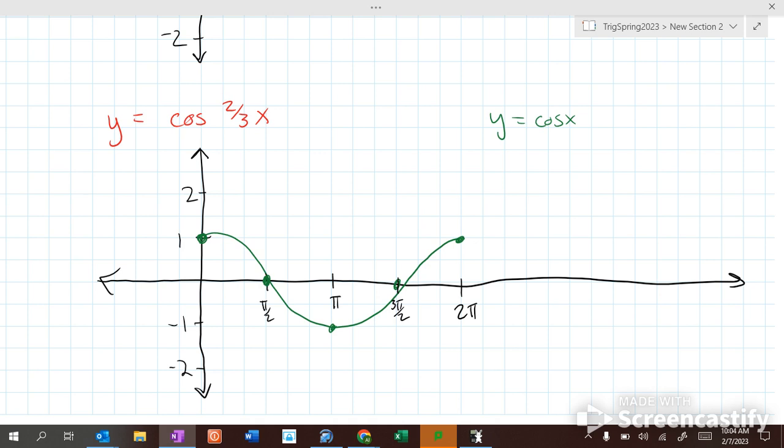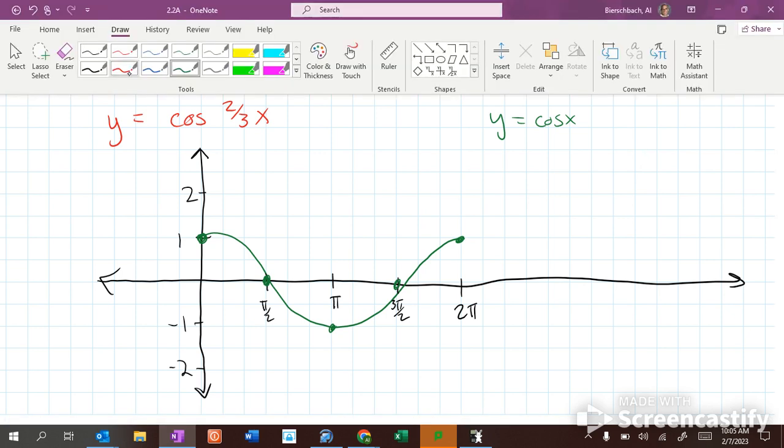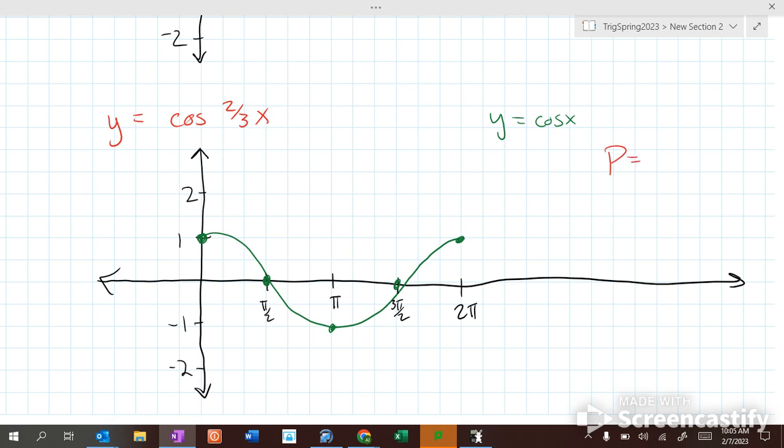Now, what's going to happen to my graph? It's going to stretch, right? Because if the period, let's do this in red, the period is 2 pi divided by 2/3. Oh, that's a complex fraction.